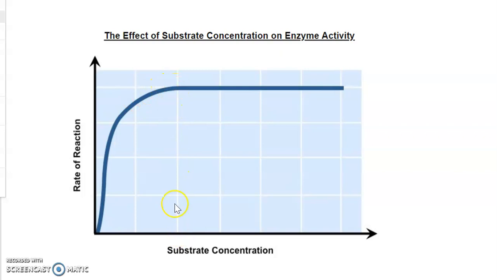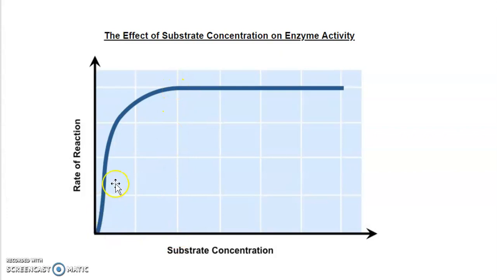So here, if we increase the starch beyond this particular substrate concentration, if we've got more starch, the reaction cannot happen faster. And that's because we've only got a finite quantity of enzyme, and we need the starch to fit in the active site, to be broken down, to release the product, maltose, and then be free to take the next starch. So here we say that the enzyme is saturated.